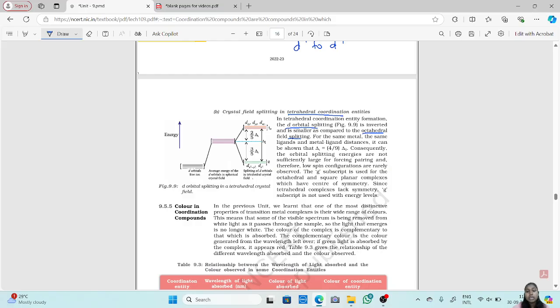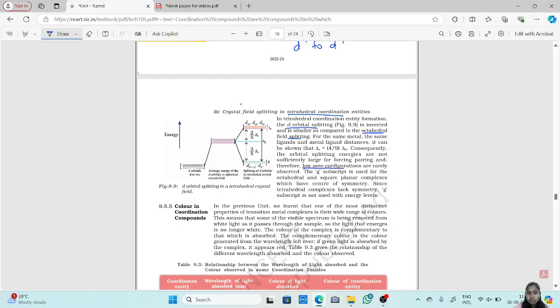Consequently the orbital splitting energies are not sufficiently large for forcing pairing, and therefore low spin configurations are rarely observed. Here the delta values are low compared to the pairing energy, so we can rarely see low spin configurations; it is basically the high spin configurations which are observed.